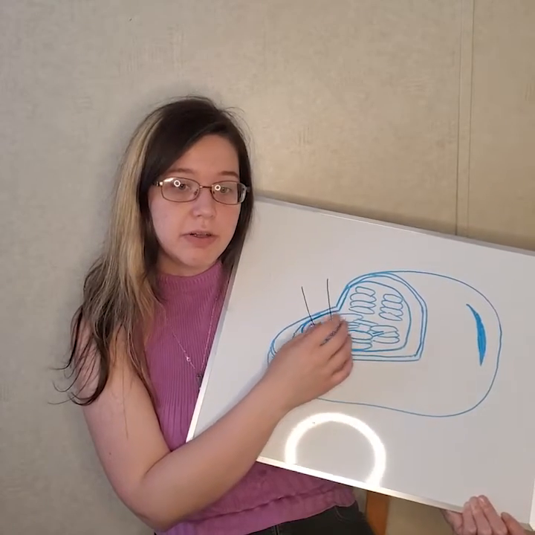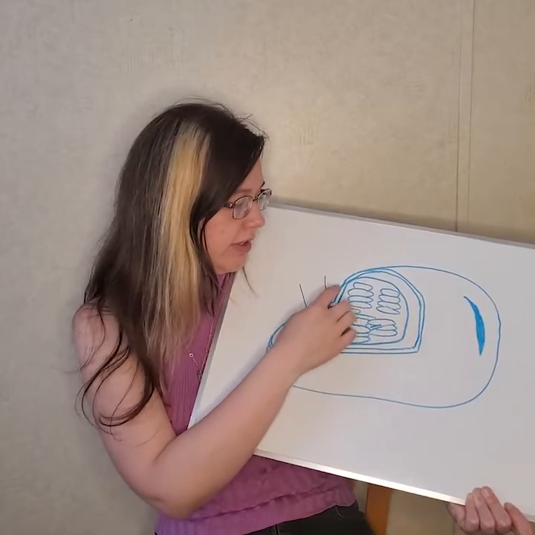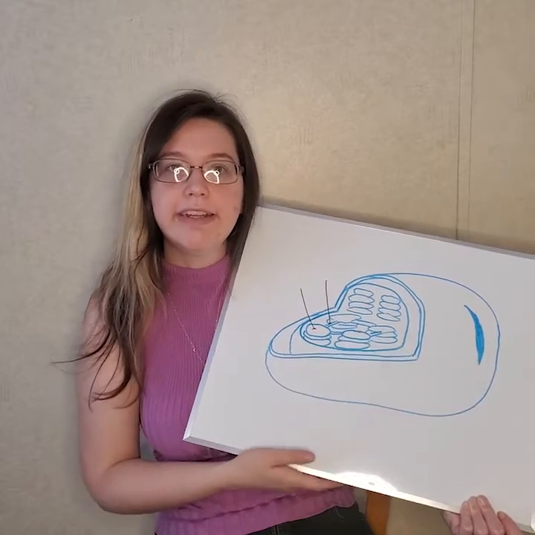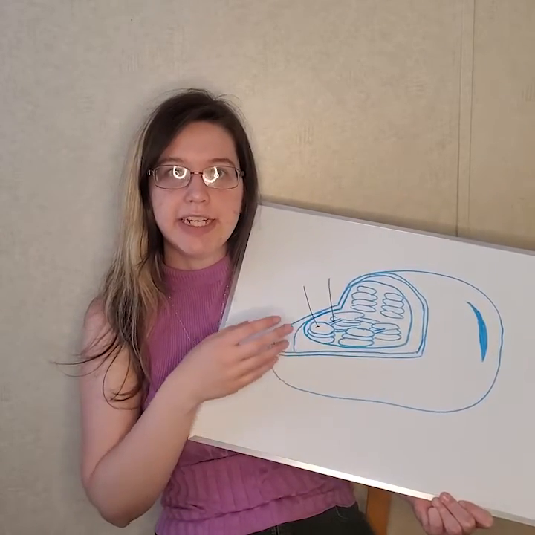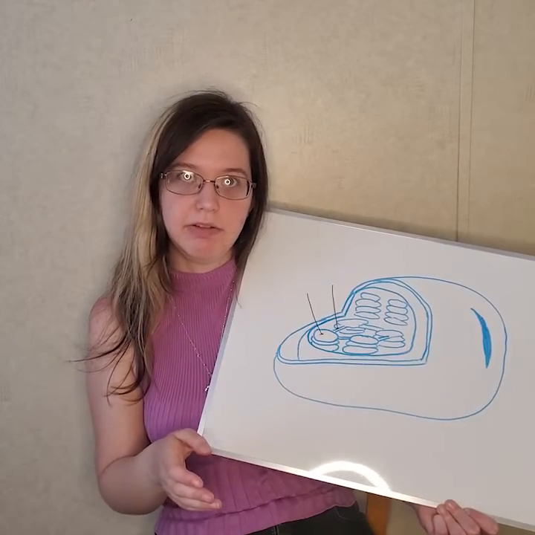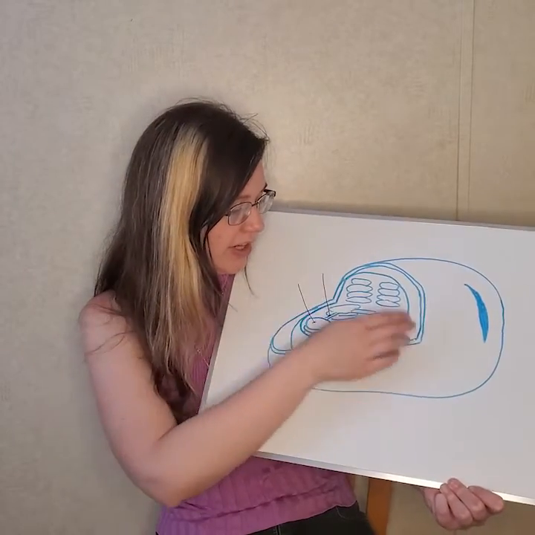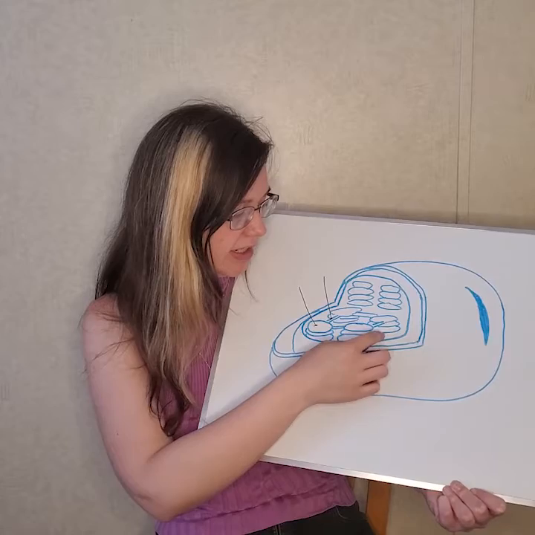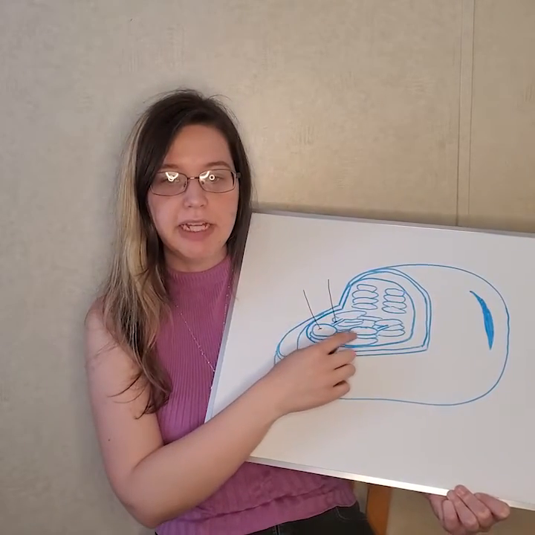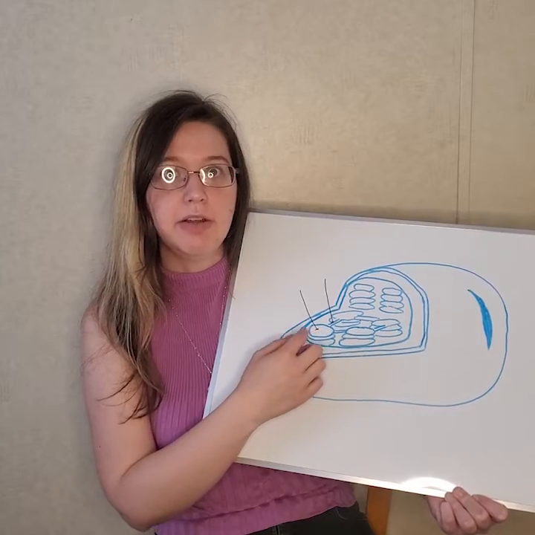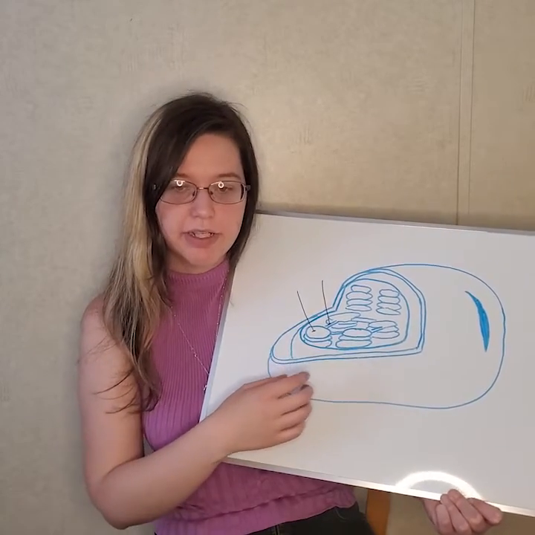Also in the chloroplast are the thylakoids. Thylakoids are like stacks of membranous sacs. They look like a green interconnected highway of pancake mounds. So we've got these stacks of pancakes, these stacks of thylakoids, and we have the stroma lamella connecting them. And those are the highways connecting them.